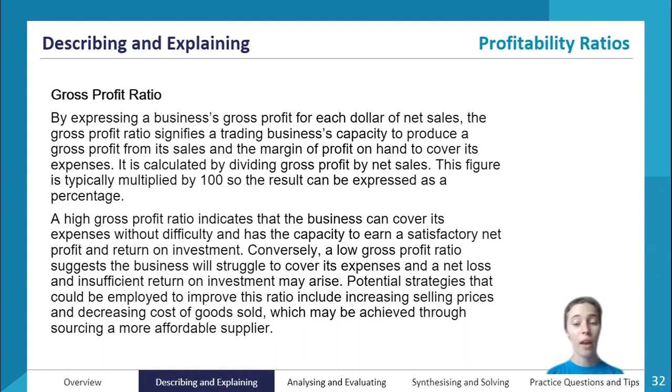On the other hand, a low gross profit ratio is going to suggest that the business will struggle to cover its expenses, and a net loss and insufficient return on investment may arise. So some potential strategies: you could increase selling prices and decrease the cost of goods sold. And that could potentially be achieved by sourcing a more affordable supplier.